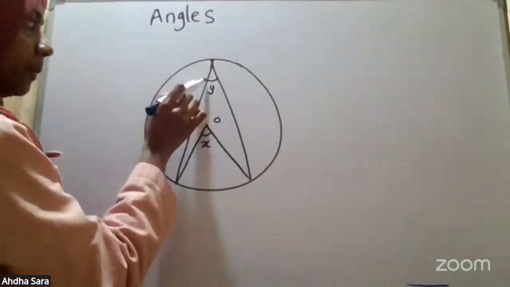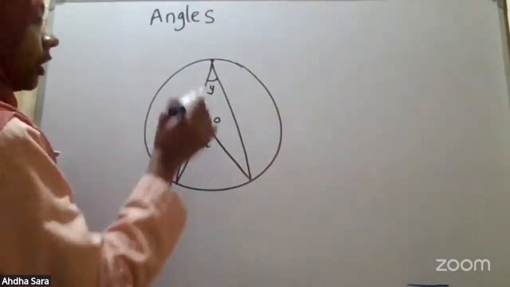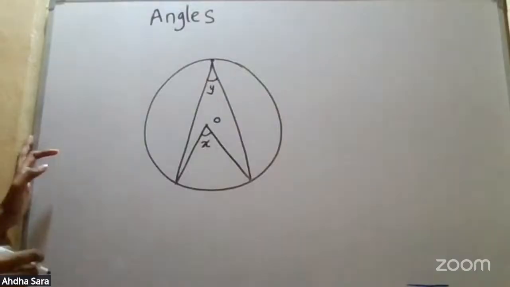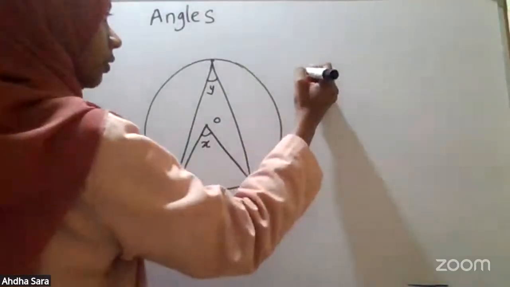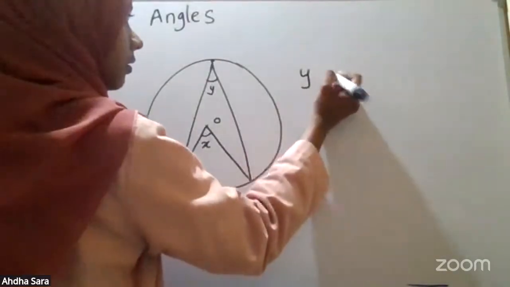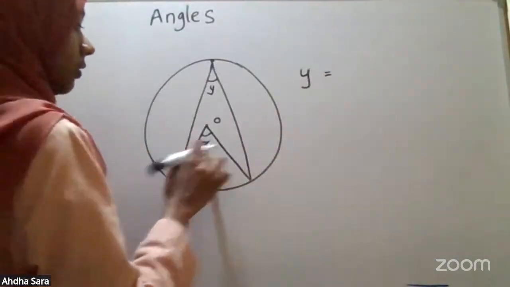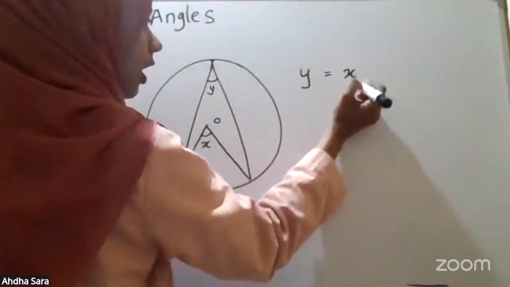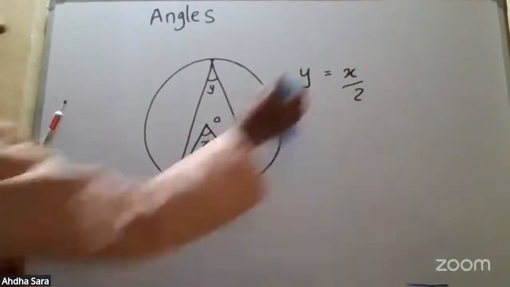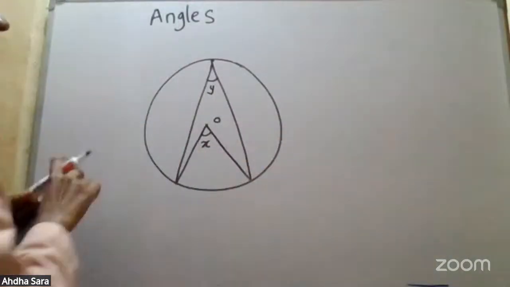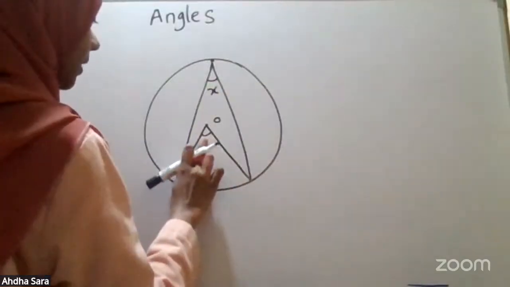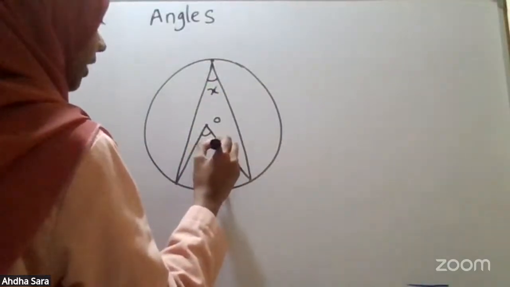The angle x will be twice the angle y. So angle y will be half of x. So you can say this as x and this will be 2x.